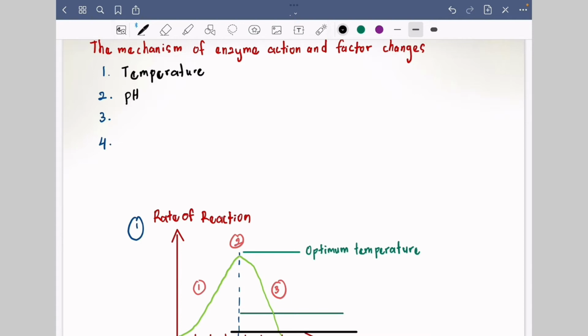The third is the effect of substrate concentration. And the fourth is the enzyme concentration.